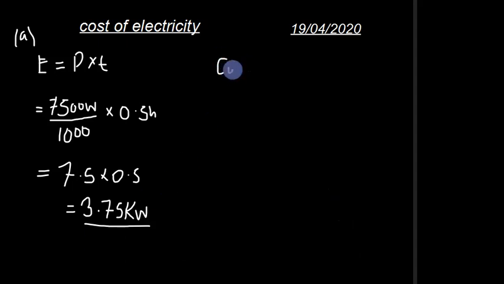So total cost will simply be total number of units used, which is 3.75 units or kilowatt hours if you want, multiplied by the cost per unit of electricity, which we are told is 2 kwacha.